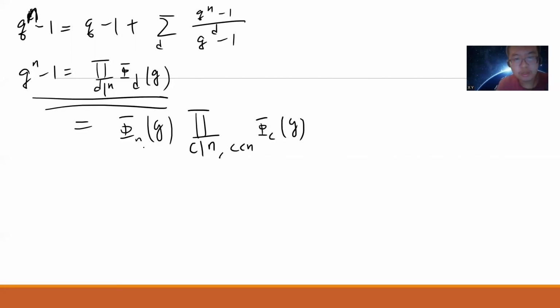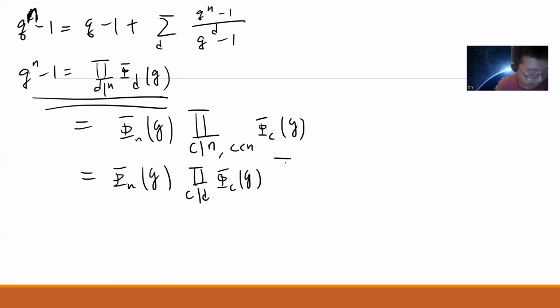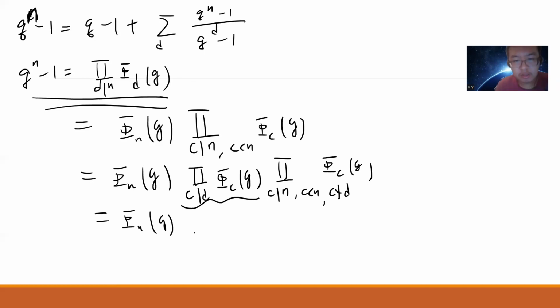We take out the largest part and the rest, and then we do another. You get phi N of Q, where C divides D, and phi C of Q, where C divides N and C less than N, but C does not divide D. So we take another, this is phi C of Q, and this is phi N of Q, right? Then we collect this, right? So this is the Q to the D minus 1, and this is the rest. So there is some rest here.